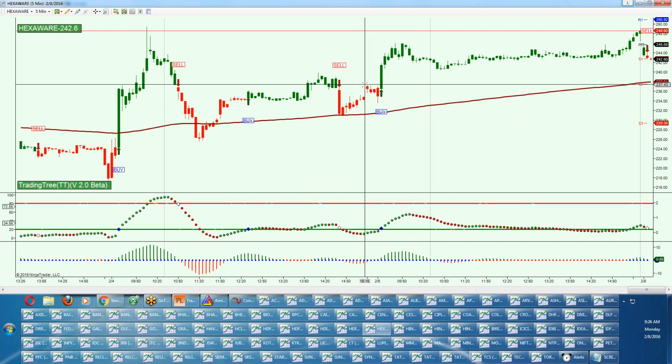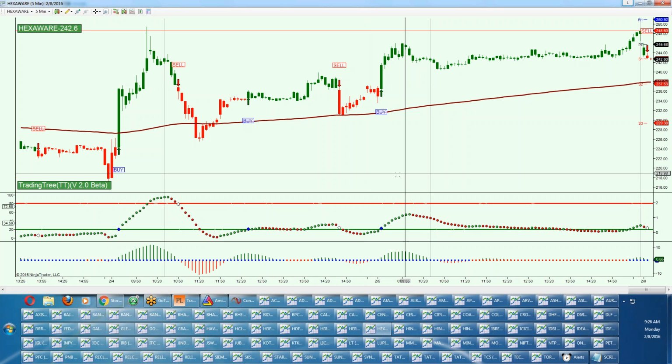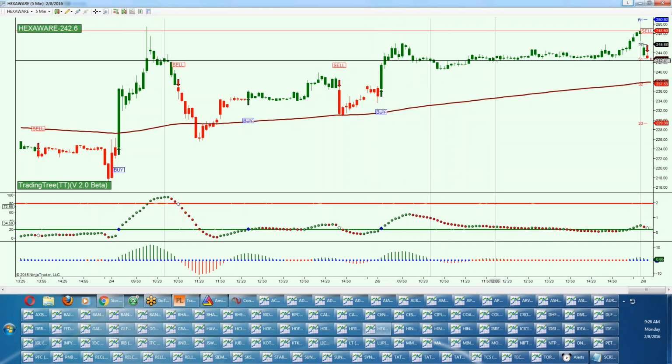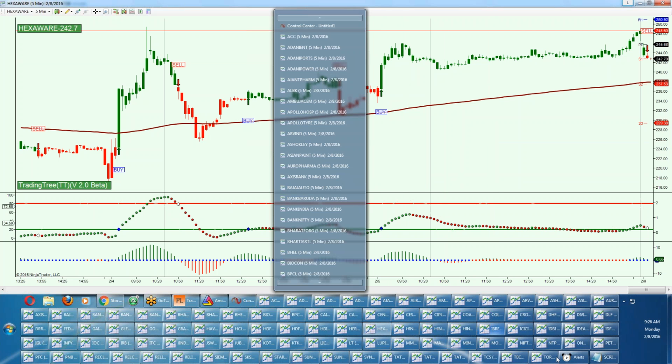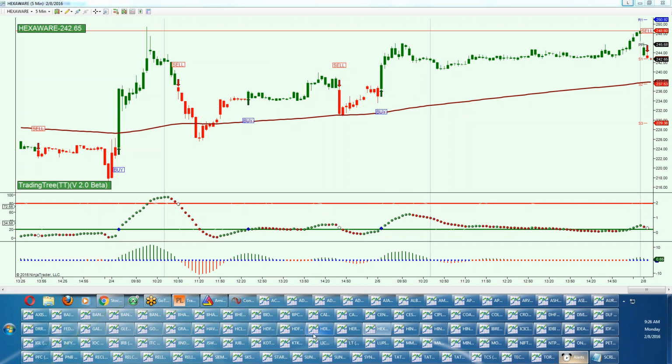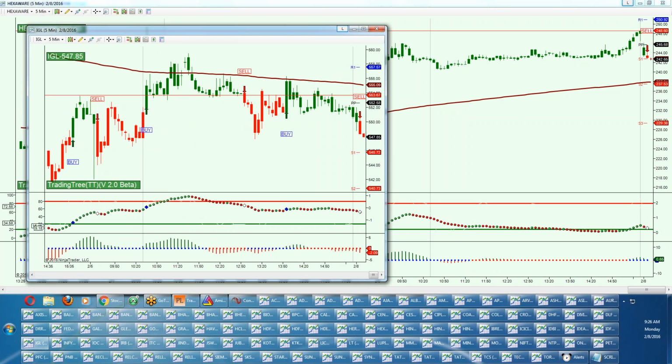You have a sell call again in Hexaware. You can correlate this: you're seeing all sell calls in the IT pack. Your selling price will be this one, 242 for Hexaware. We also have a call in IGL, a sell call.